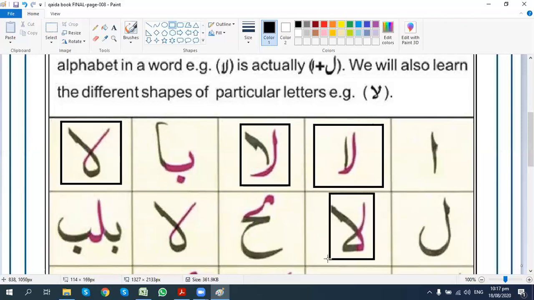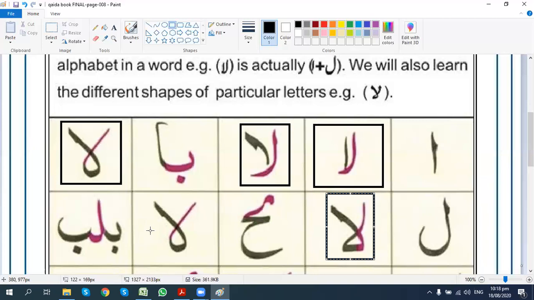So we want to give our students such a tip so that they can always find the lam and alif easily, either with two types of lam alif or 100 types of lam alif connected to each other.